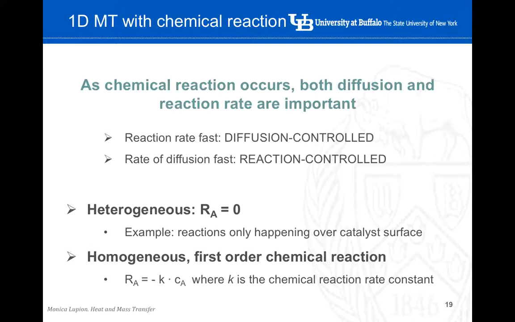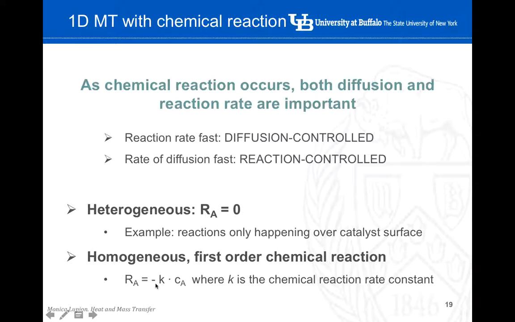Second case, homogeneous reaction. We need to consider this term R_A, and it is related to the kinetics of the process. Depending on the order of the chemical reaction, we may have different equations here.